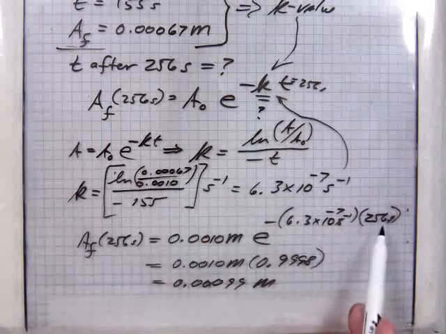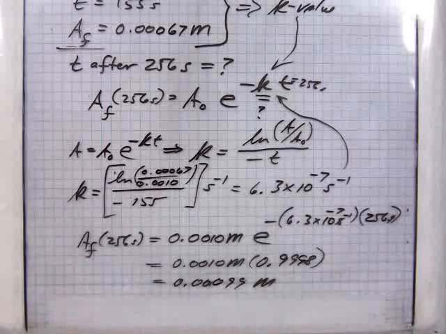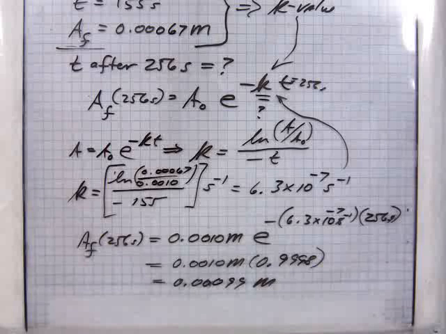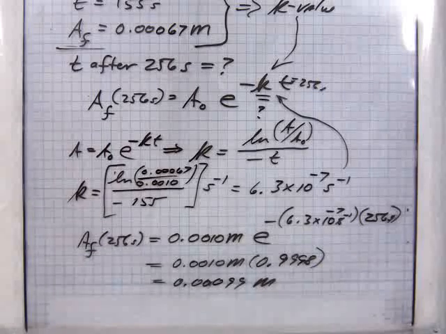That's right. 6.3 times 10 to the minus 7 times 256 equals that. Need to change that to a negative. e to the x. Yeah. Okay, it is 0.9998. So it didn't look like it dropped very much in 256 seconds, in my opinion. Did I pick up the right data? Yeah. I expect a bigger drop in some of these problems, but anyway, that's how you do it.